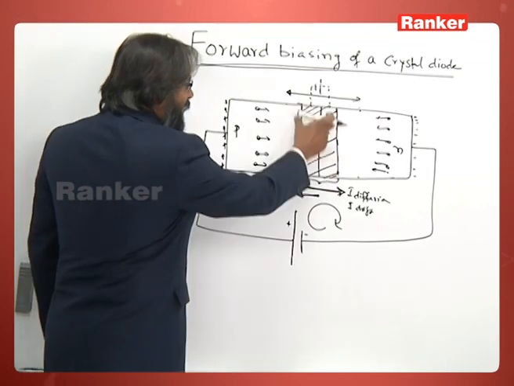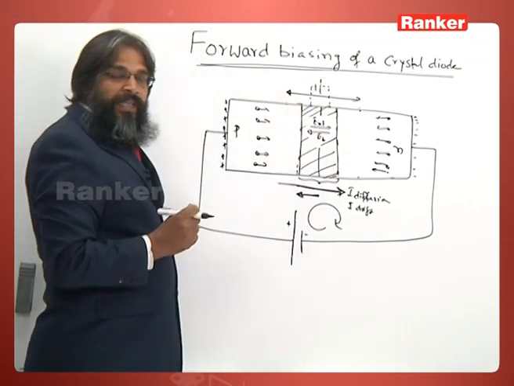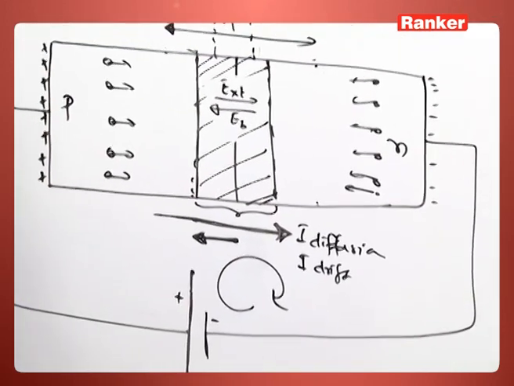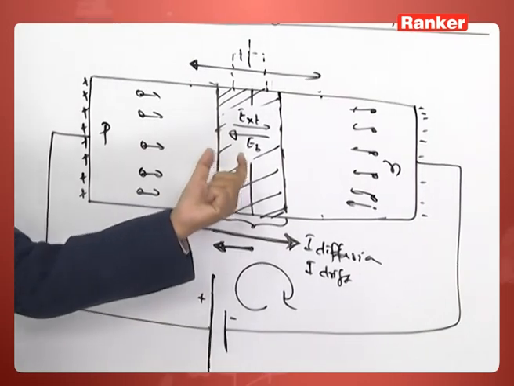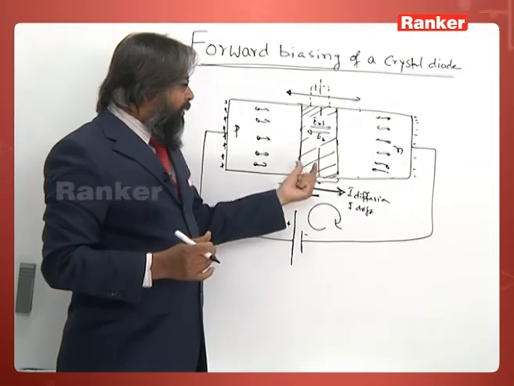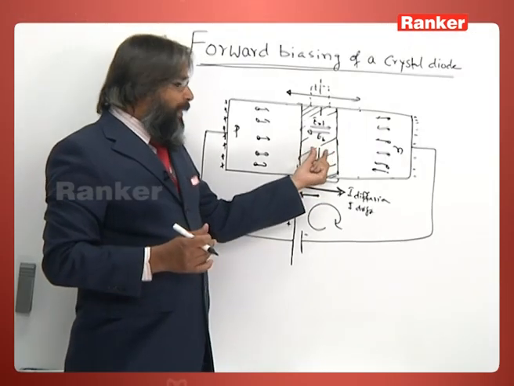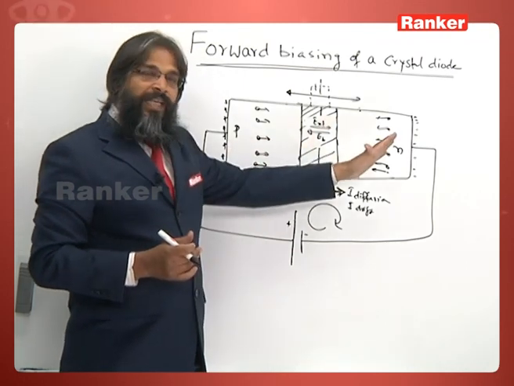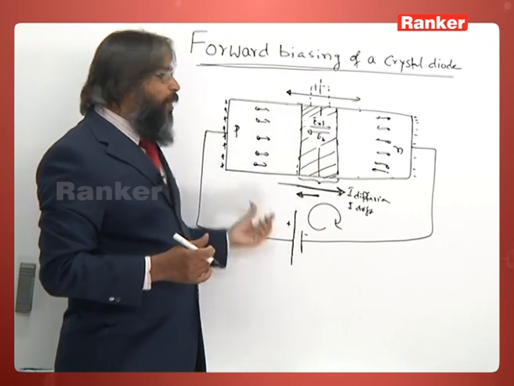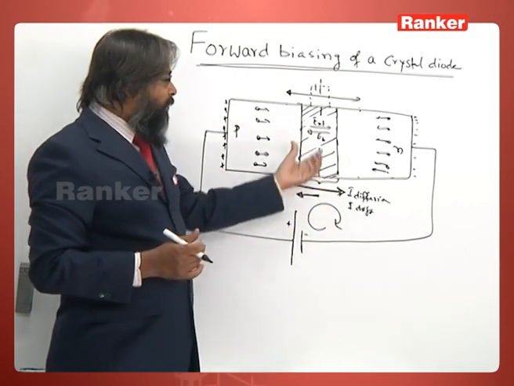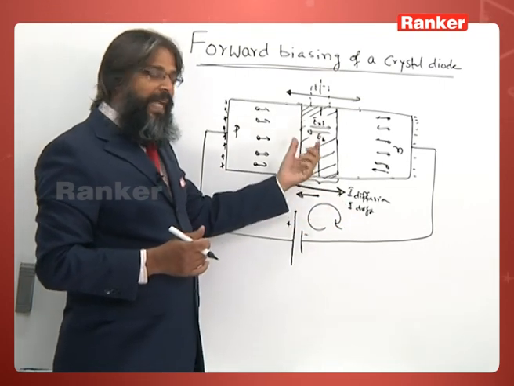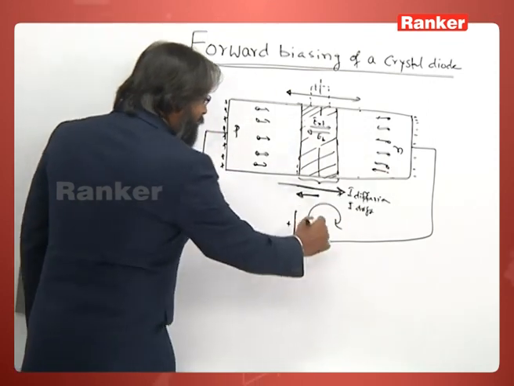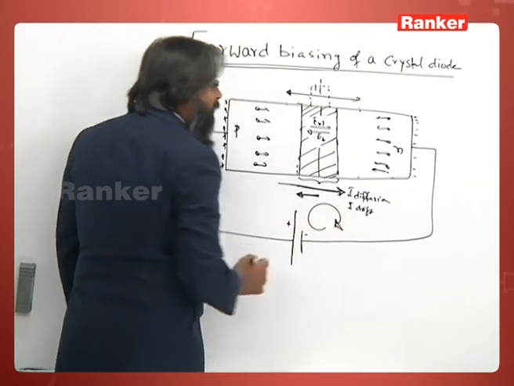This depletion layer is actually devoid of charge carriers and it acts as an insulator medium. So when this becomes thin, the resistance of the PN junction becomes very less to the forward current. That is why the PN junction, if forward biased, conducts the current easily.